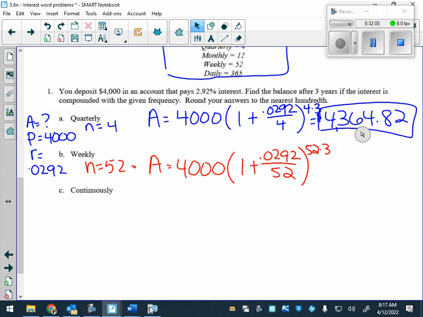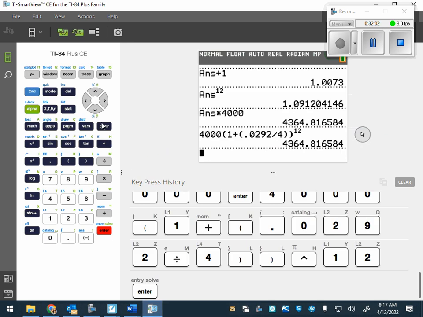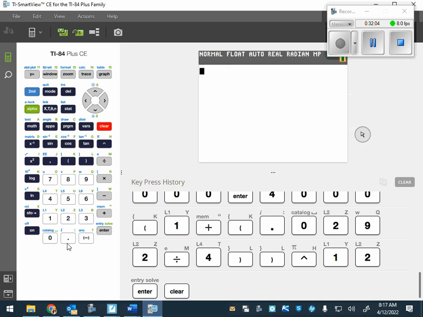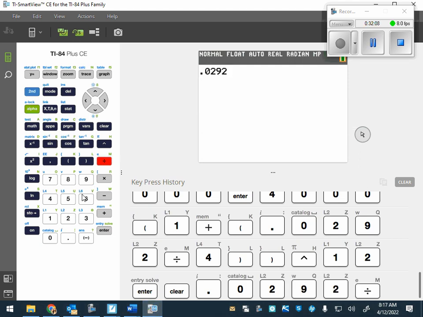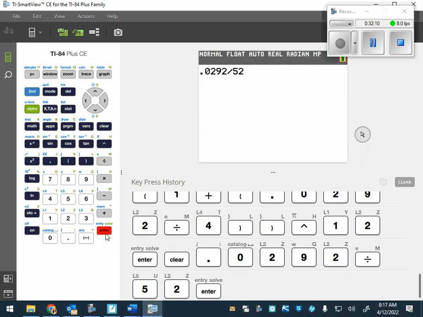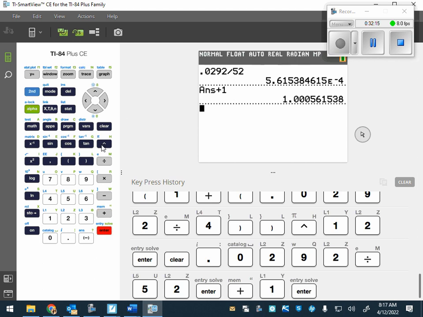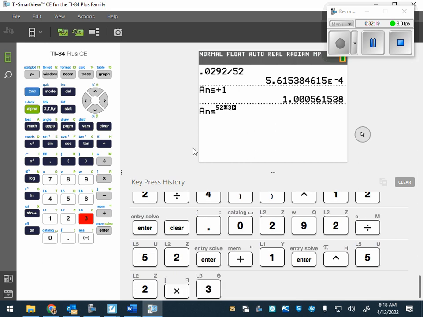Do this as well in the calculator. 0.0292, and I'll do it separate. Divide by 52, plus 1. I'm going to raise it to 52 times 3. Those of you with a different model might see the caret show up.